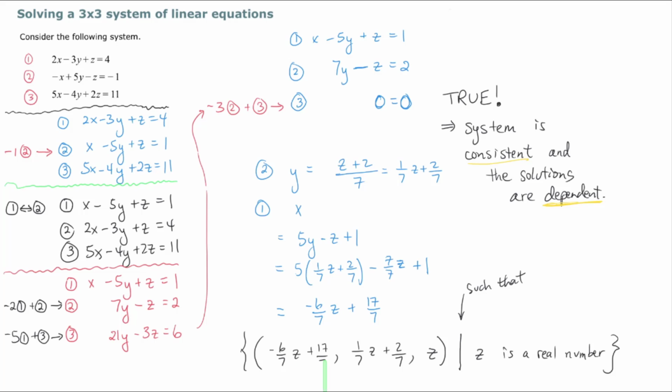If you pick z to be 0, you'll also get an ordered triple that satisfies all three of these equations. Now there are lots of choices for z. How many choices? Well, z is any real number. So if you really want to emphasize how strange this is, let me add the word any in here. Z is any real number.